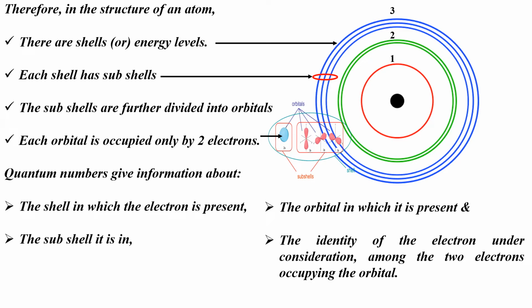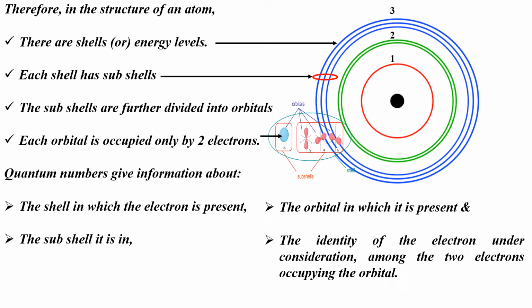This is done by the principal quantum number. It gives you an idea about the shell where you can find the electron. The azimuthal quantum number tells you about the subshell in which the electron may be present, and the magnetic quantum number tells you about the orbital in which it is present.